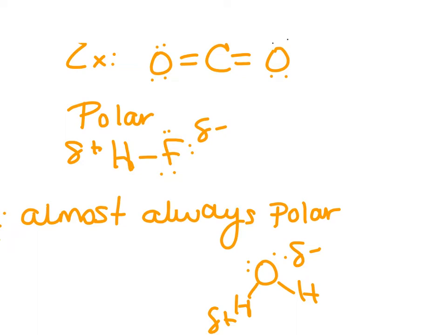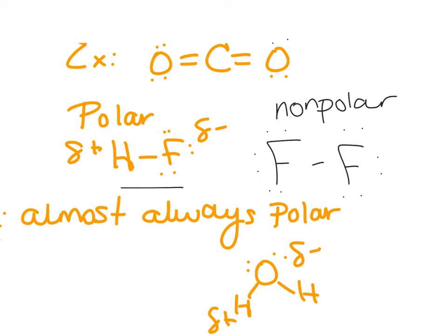What about a linear structure that just has 2? Well, it can go either way here. It's a 50-50 chance. If you have 2 of the same element, it's typically nonpolar. An example of that would be difluoride. Try to draw those unshared pairs of electrons. This is going to be nonpolar. But if you have something like this, which is very common with 2 elements, and each element's different, normally speaking it's polar.